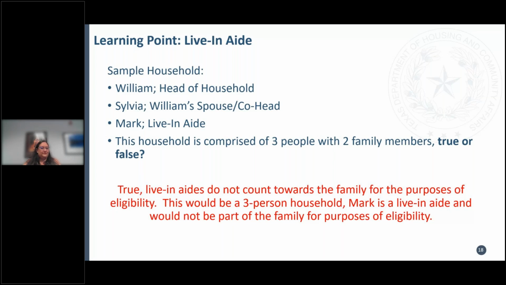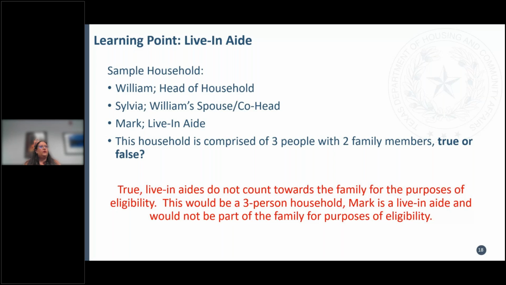Let's see here. Is it possible to have more than one live-in aide? For example, a husband and wife that live there and take care of a household member. They work separate shifts, so one is with the household member while the other is working. So yes, you can have multiples.